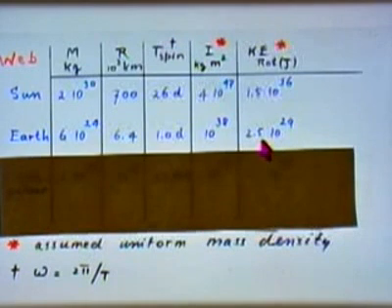Our great-grandfathers must have been puzzled about where the solar energy came from, the heat and the light. And conceivably, it came from rotation. Maybe the Sun is spinning down, is slowing down, and maybe the energy that we get is nothing but rotational kinetic energy.